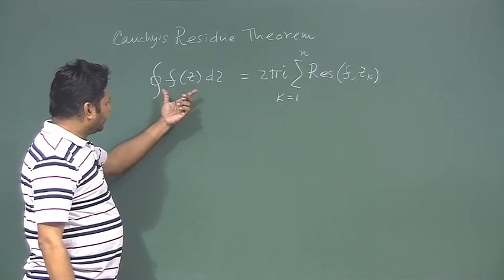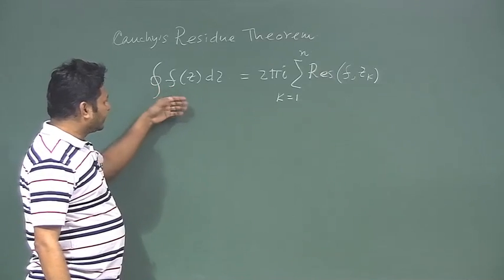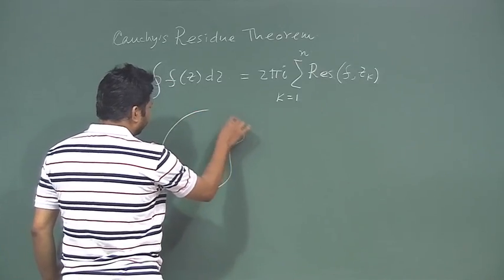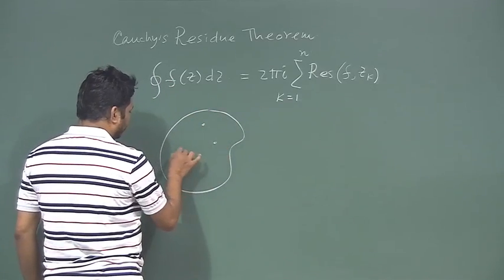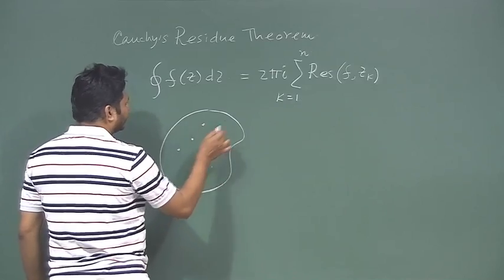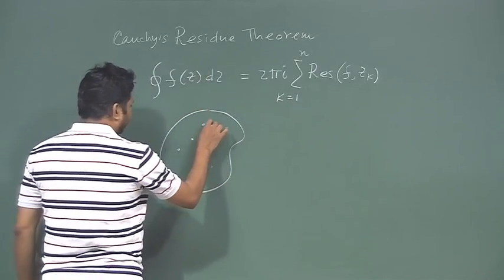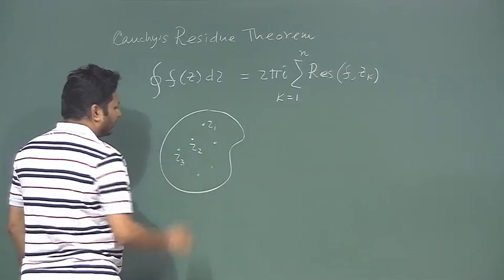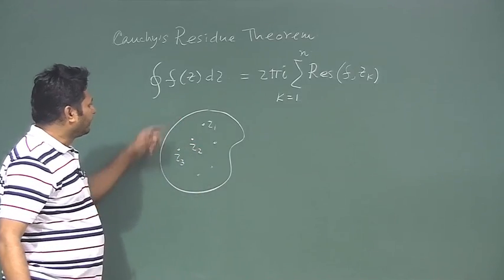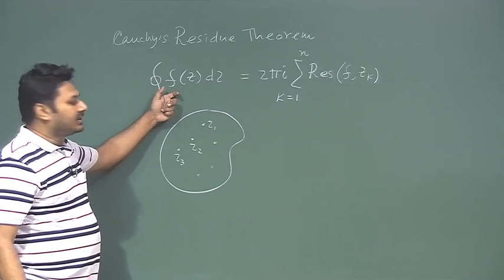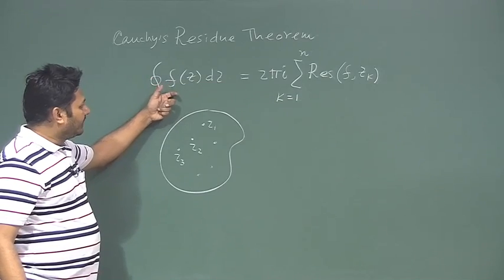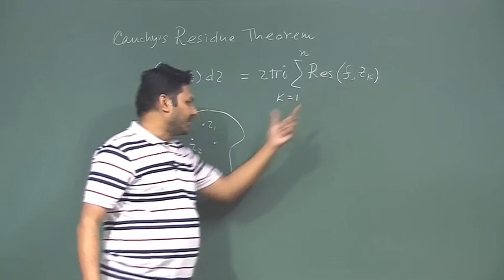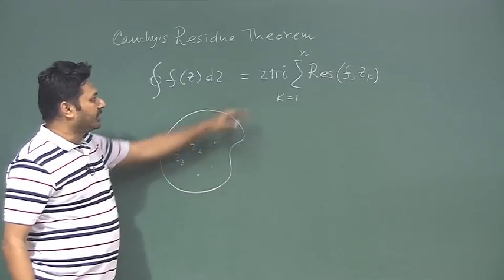So, I can eventually find out the integration of the function f(z), which is analytic in a region except a few points, which we call z_k, say z1, z2, z3, a finite number of points where the function is not analytic, but still I can evaluate this integral if I am able to find the residue at those points of this function multiplied by 2 pi i.